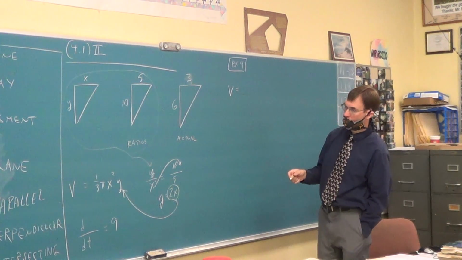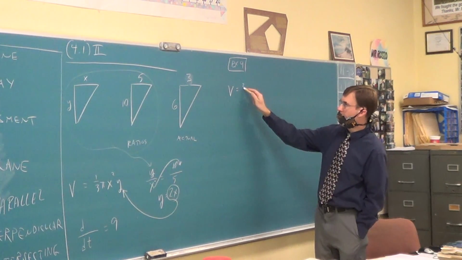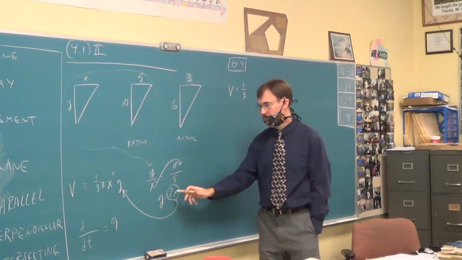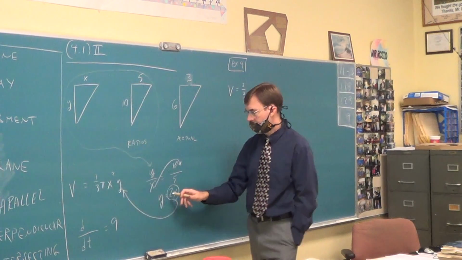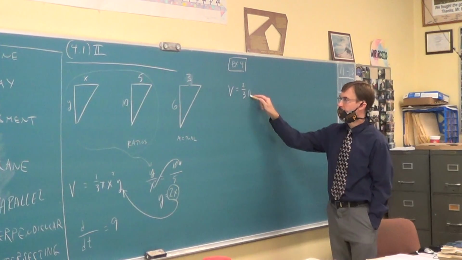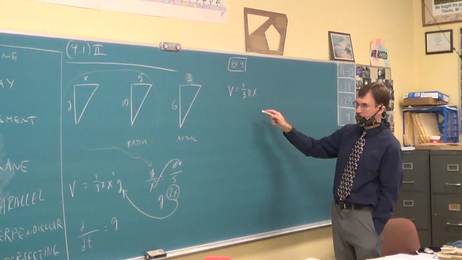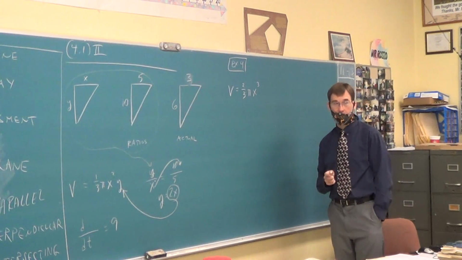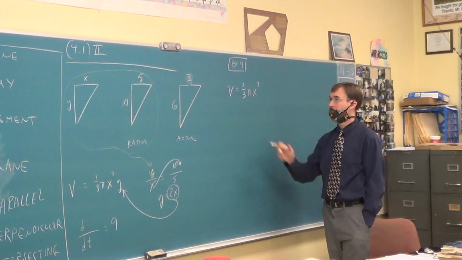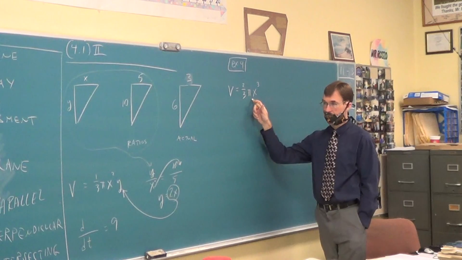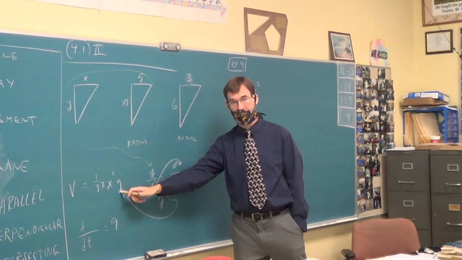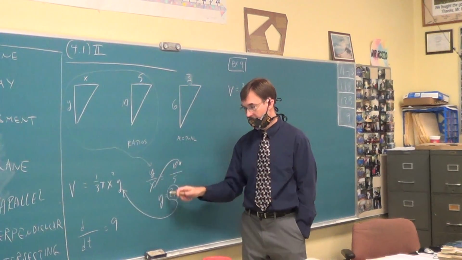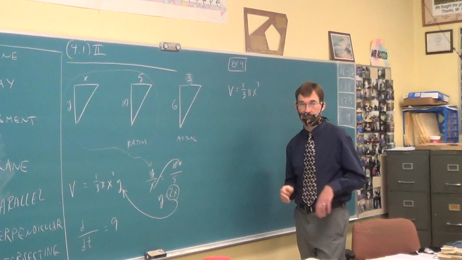The volume would equal not 1/3 but 2/3, because 2 times 1/3, still a pi, and X would now be the third power. I think you'd agree with me, you would much rather do the derivative of this than a product rule derivative of that. And it's worth paying the price of a little bit of cross multiply move to just get that done.